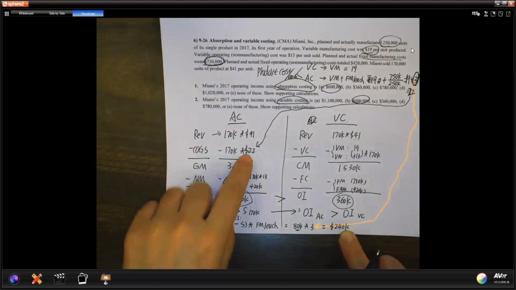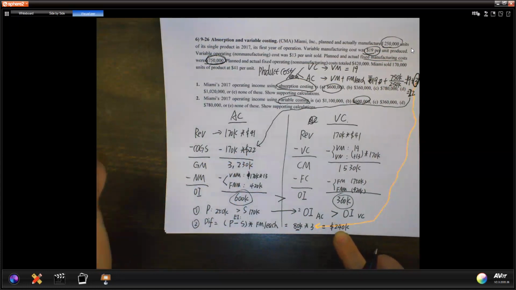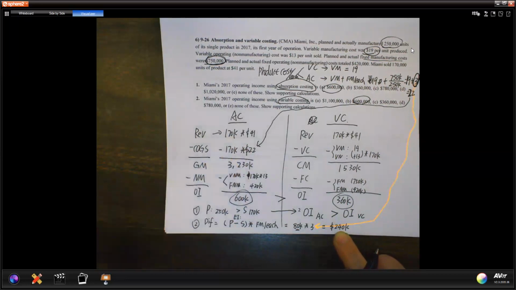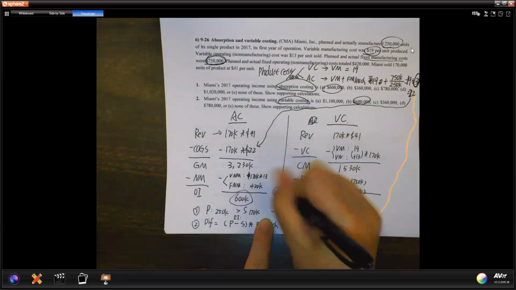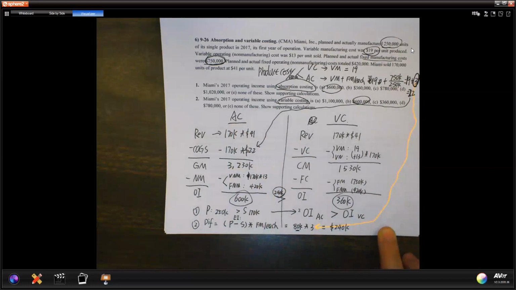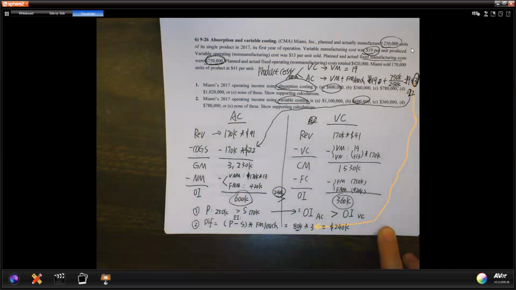That is why under the absorption costing method, we subtracted 240,000 less as the cost of goods sold. Our total expense is 240,000 lower, so our operating income will be 240,000 more under absorption costing than under variable costing. It has to be 240,000 more.